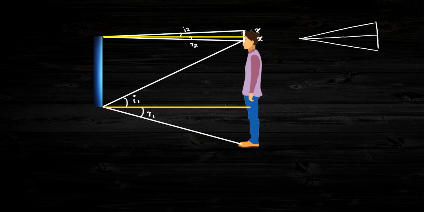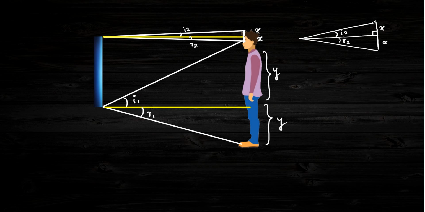So if this is X, this also has to be X, because this is I2 and this is R2, and I2 happens to be equal to R2. So by ASA test, because this angle is 90 degrees, these two triangles are congruent, and therefore the two base sides are X. Similarly, if this particular length is Y, then this particular length also has to be Y.